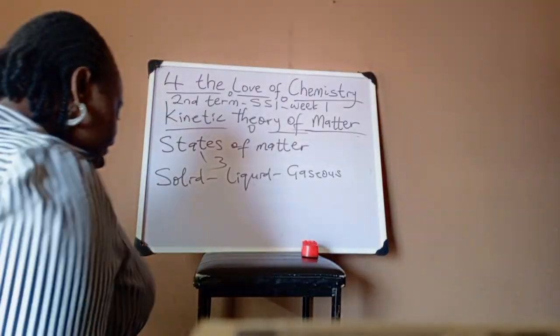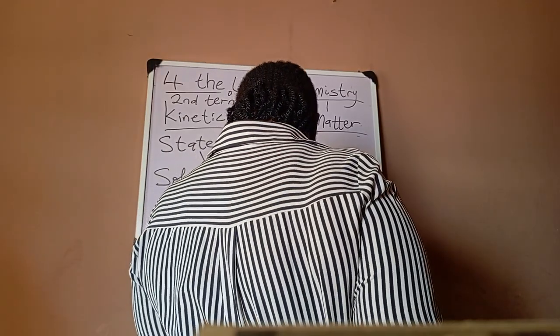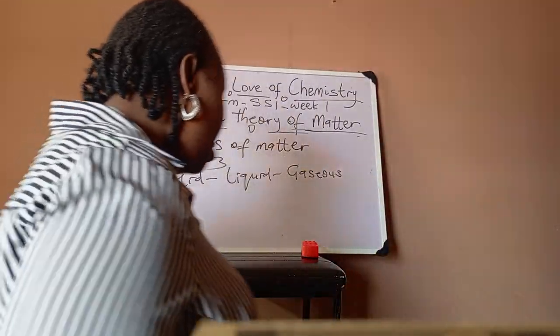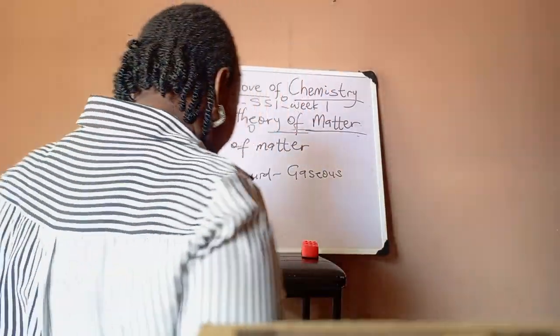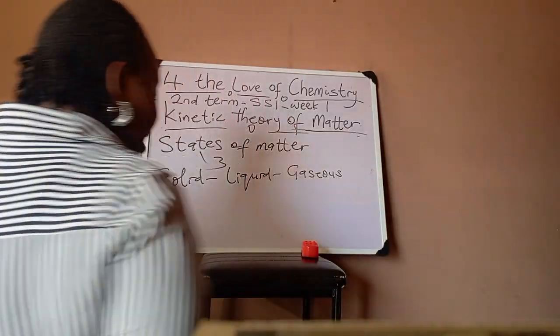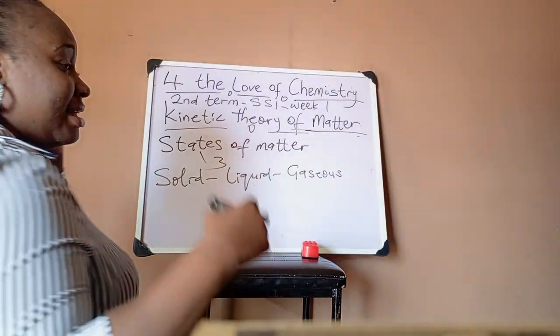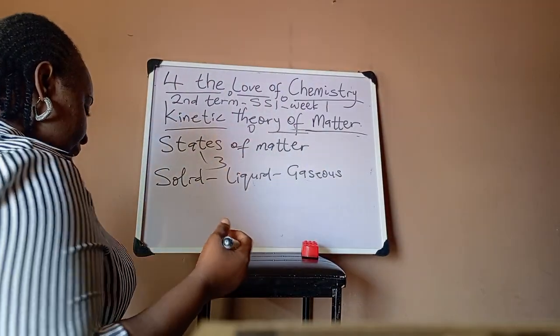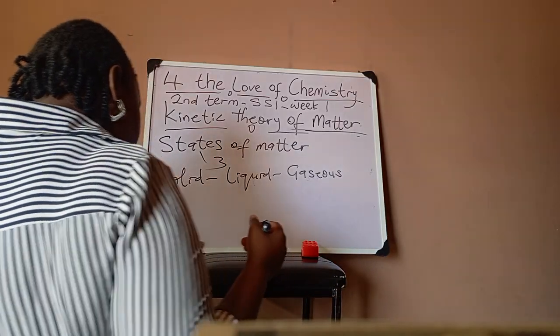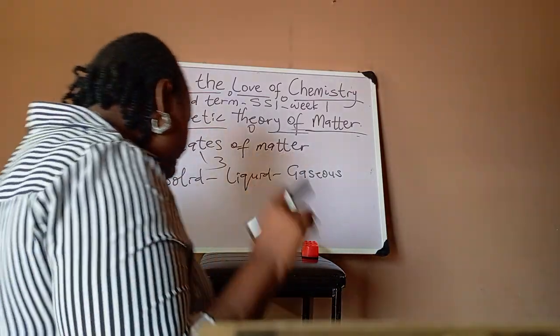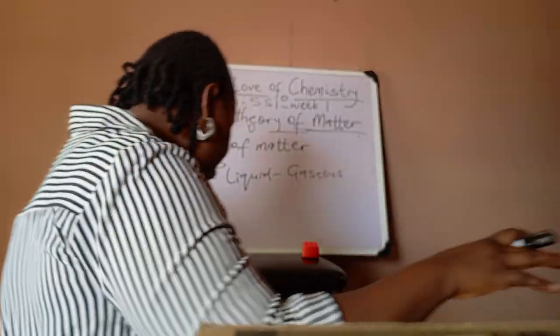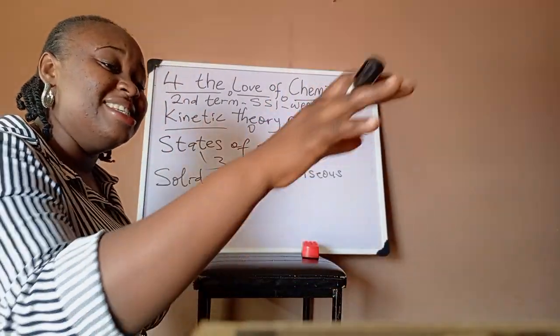So the kinetic theory of matter, as we already know that matter is made up of tiny particles, and these tiny particles are the atoms, the molecules, and the ions. And the kinetic theory of matter postulates that these tiny particles are continually moving and possess kinetic energy.